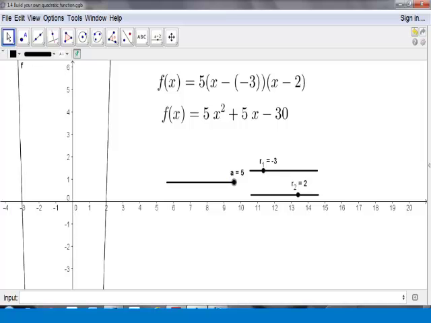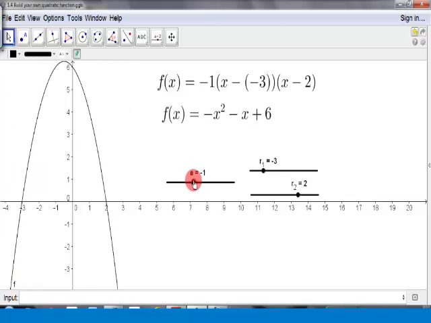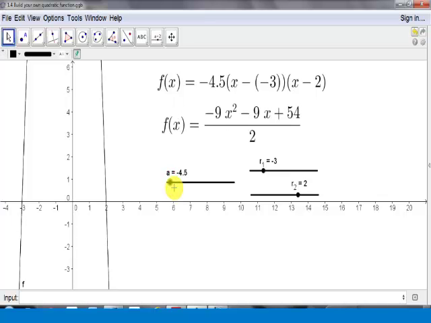So changing that value of a runs a 5 right through the expression. We distribute a 5 across, but it doesn't affect the solutions. So putting a 5 out in front or putting a negative whatever out in front stretches the graph, maybe reflected about the x-axis, but it does not change those x-intercepts.